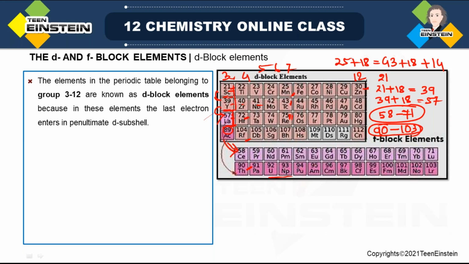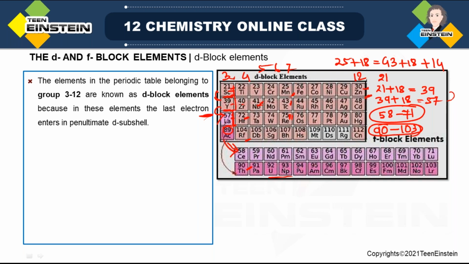So when you are starting from Sc and ending at Zn, the next elements are present in the p block, and in p block 6 more electrons will be filled. So it will be total electrons 10 plus 6, which is 16. But 2 electrons you also have to consider in the s block. So now it is 16 plus 2, that means 18 electrons. So that is why when you are moving to the next element, you have a gap of 18.